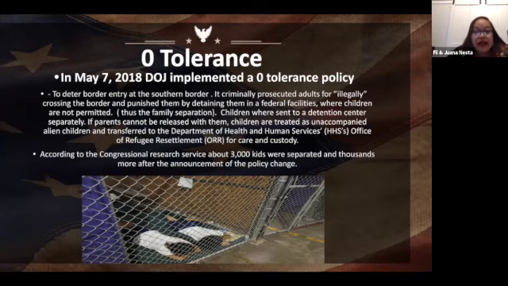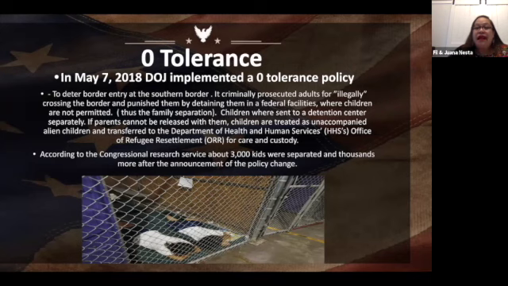And we learned about this last week with Dominique Gillard as he was talking about how the criminalization of immigrants has become rampant. And this is where children were then separated from their families. Children were sent to a detention center separately if parents could not be released with them.